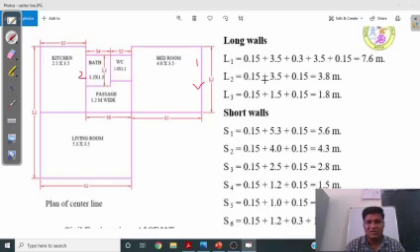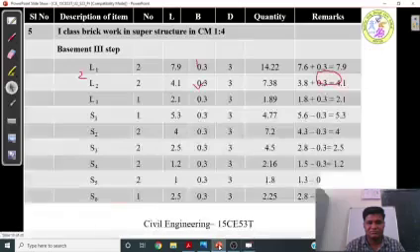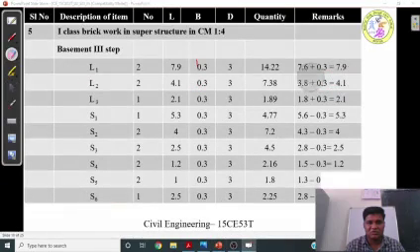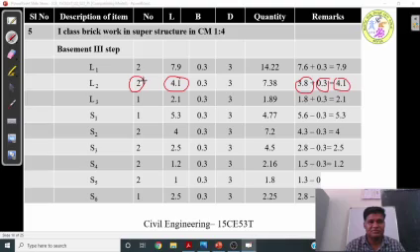The center to center line length of L2 is 3.8 meters, plus the width of wall 0.3. So the length will come to 4.1 meters. So 4.1 is the long wall length L2. There are two numbers of L2. So 2 into 4.1 into 0.3 into 3 meter height will give me 7.38.